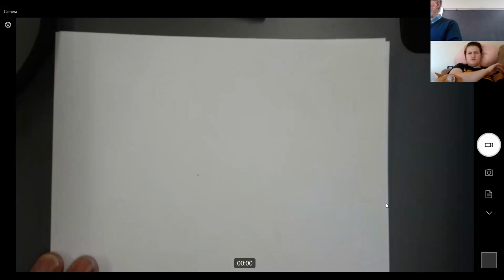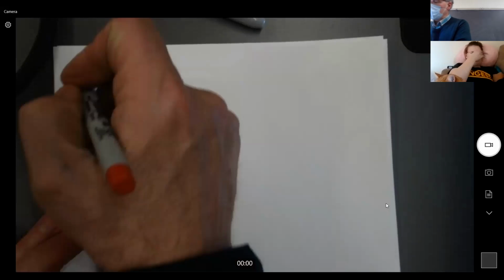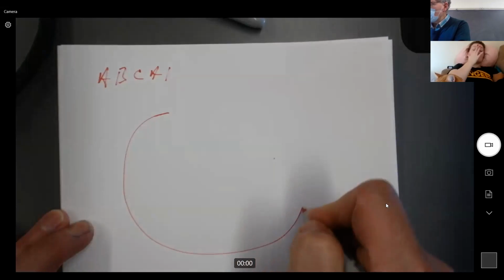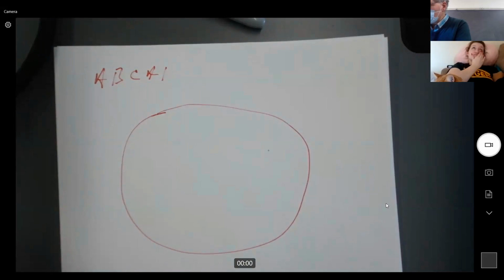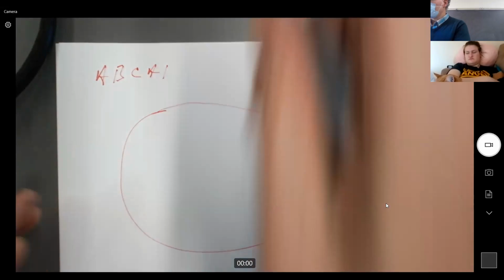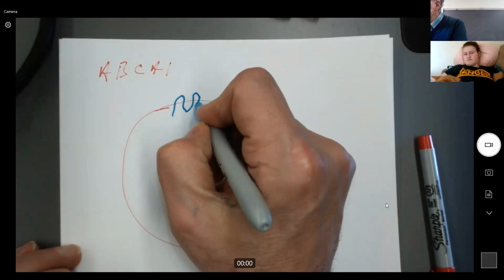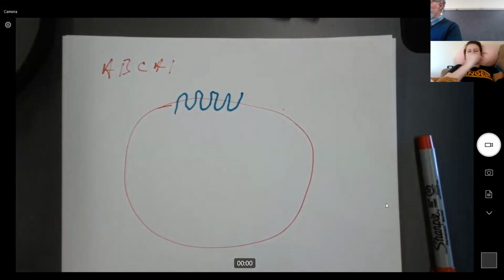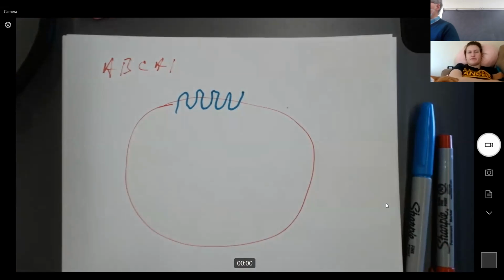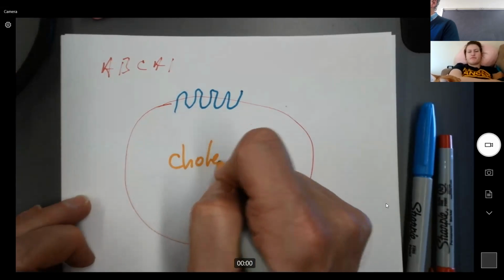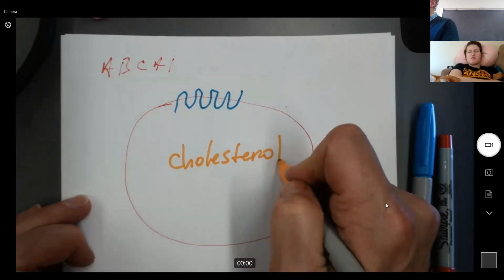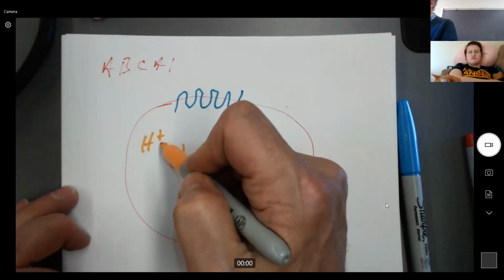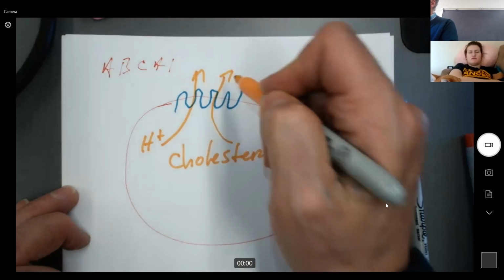I'm going to go to our little makeshift blackboard here. So ABCA1, this particular protein will take cholesterol from inside cells and, in exchange, well, actually with a hydrogen ion, it will pump out a hydrogen ion with the cholesterol.